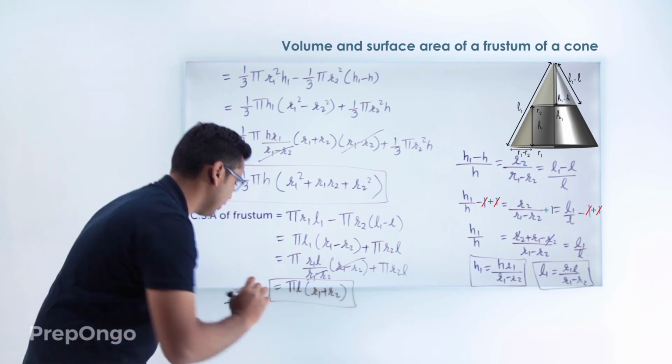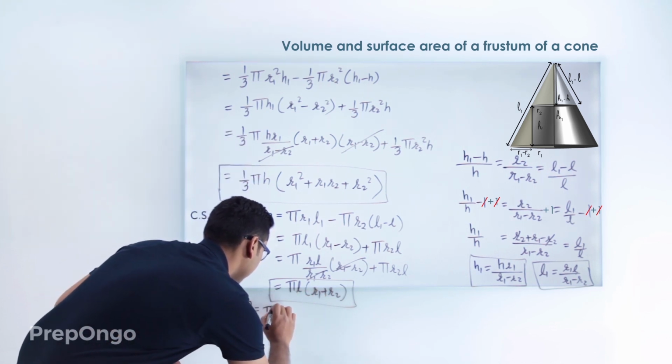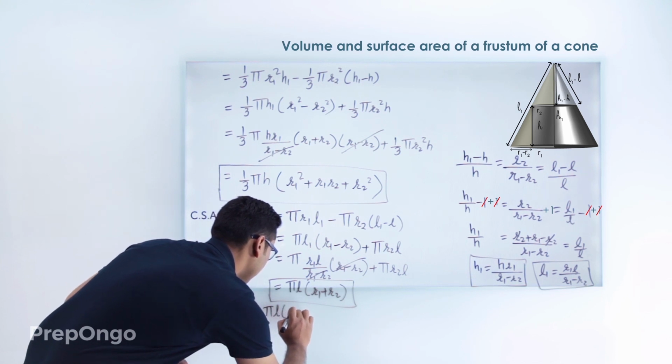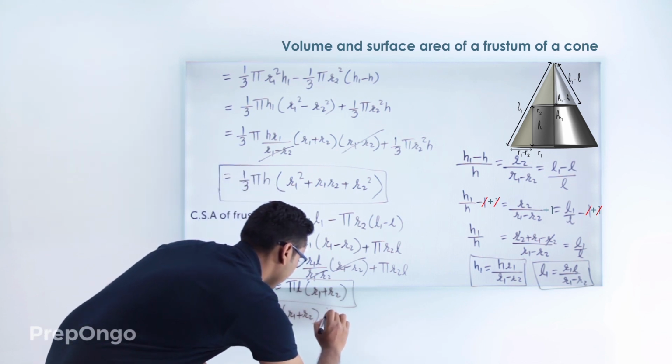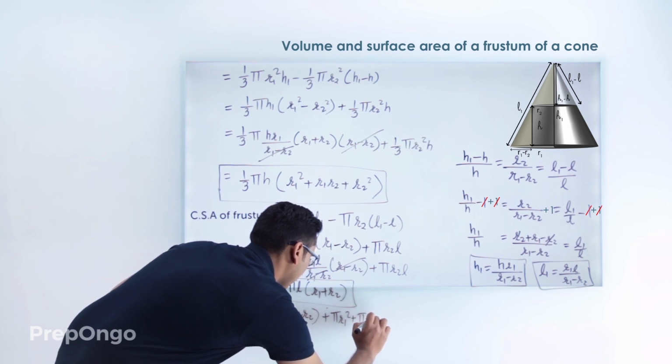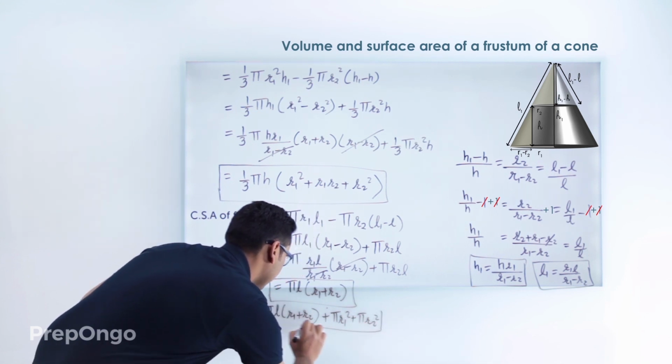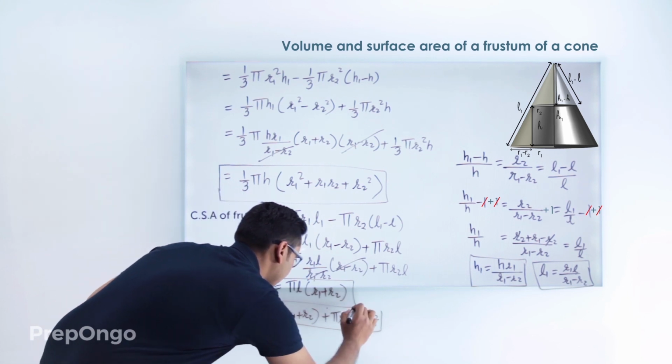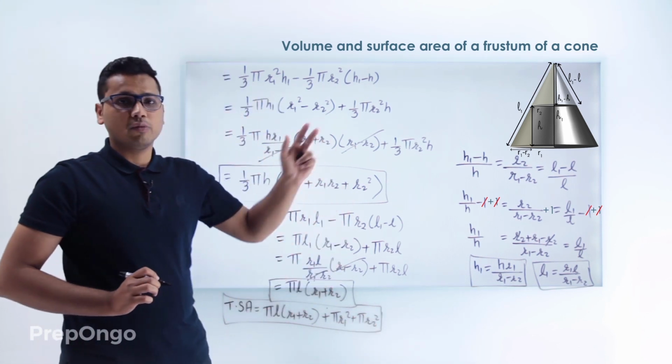We have to add this curved surface area, which is pi L into R1 plus R2, and plus pi R1 square plus pi R2 square. So this is the total surface area of this frustum of a cone.